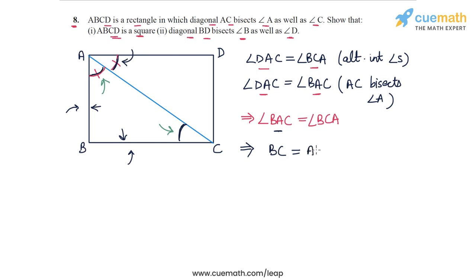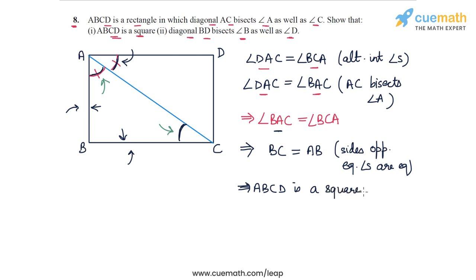So we can say that BC is equal to AB, and the reason is that sides opposite equal angles are equal. Okay, so we have proven that BC and AB are equal. So ABCD is a rectangle in which adjacent sides are equal, and this means that ABCD is a square. So this completes the first part of the question, ABCD is a square.